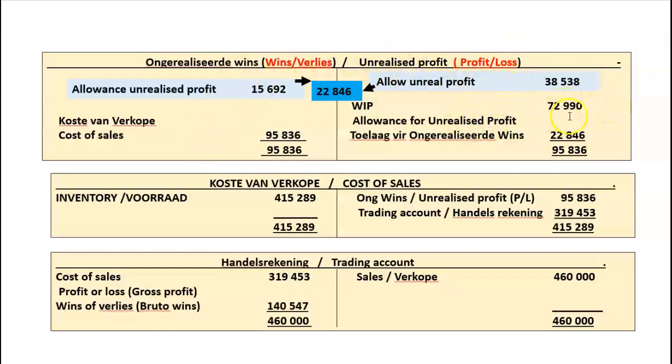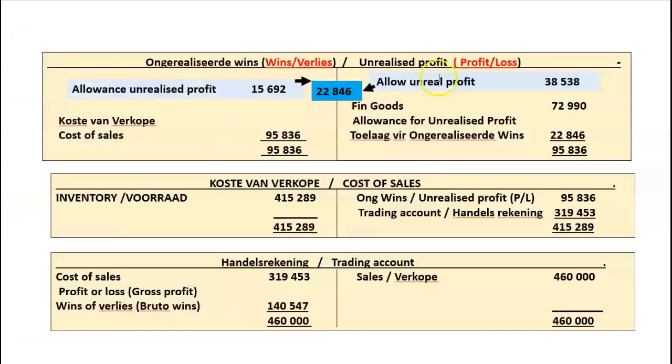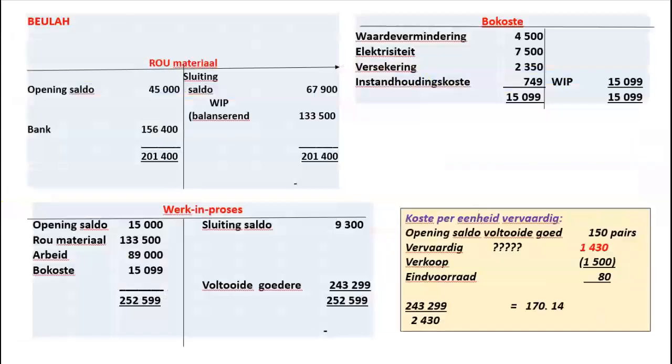Out of our finished goods, there is actually the 72,990, the bumped up portion of the amount at which they have transferred these pairs to the sales department from the factory environment. So this is the debit entry, and then this one there is the credit entry of that transaction.